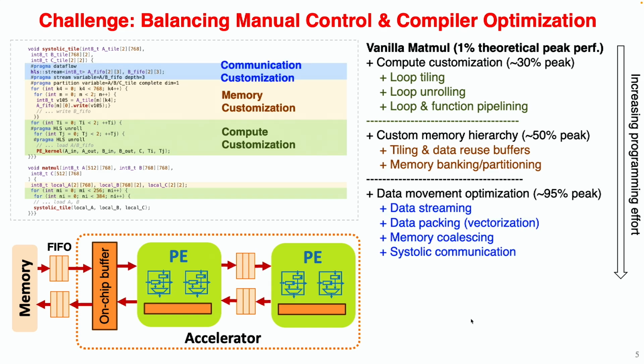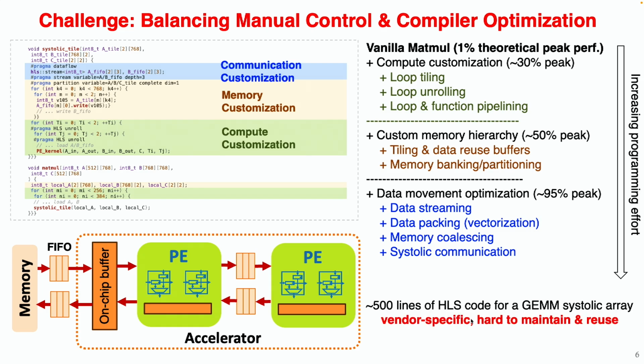Lastly, we also need to incorporate data movement optimizations. It requires programmers to restructure the code into multiple pipeline stages and then connect them using FIFOs. Actually, this example needs about 500 lines of HLS code, even for a small systolic array. This approach is vendor-specific and not able to be reused across different applications.